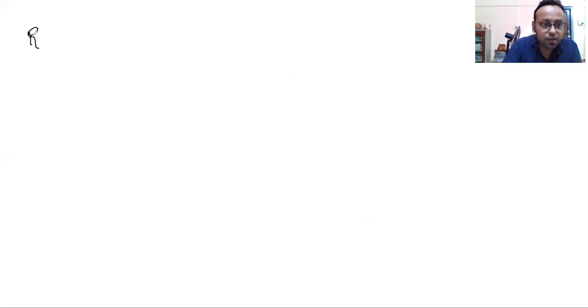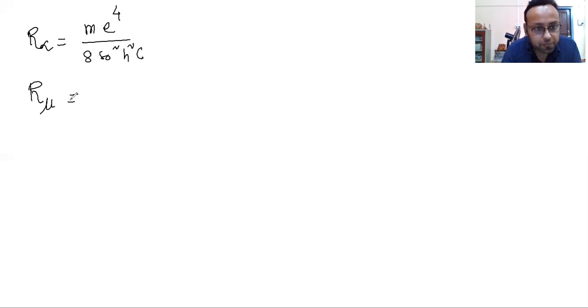So earlier the R infinity was m e to the power 4 by 8 epsilon naught square h square c, and now this R, say mu, is equal to mu e to the power 4, or in place of mu, let me write here capital M, by 8 epsilon naught square h square c.